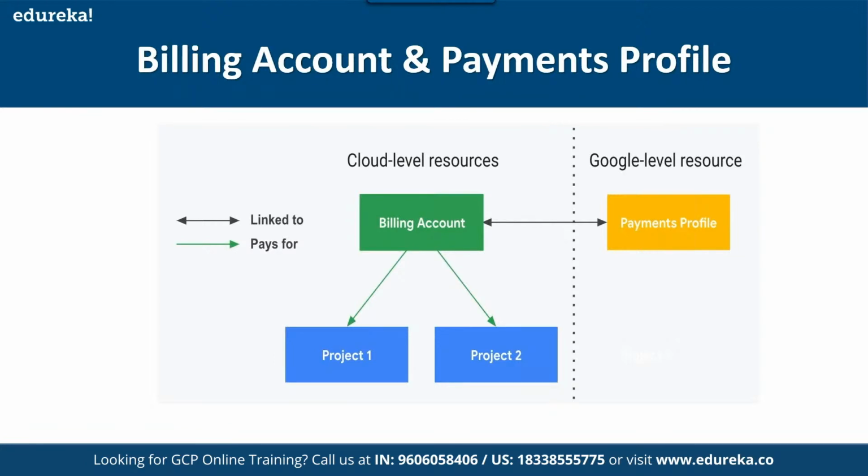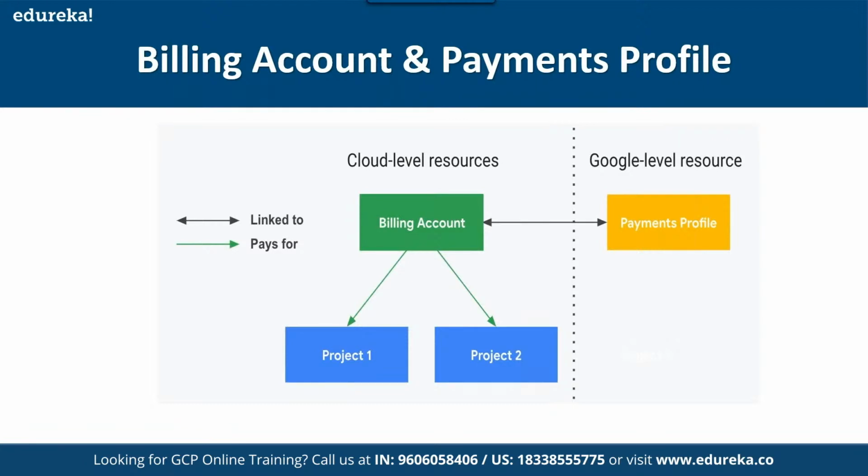It is just a setting that you have enabled, the changes that you made, to define who is going to pay for all the different Google Cloud resources that you are using. Basically, that's a billing account.